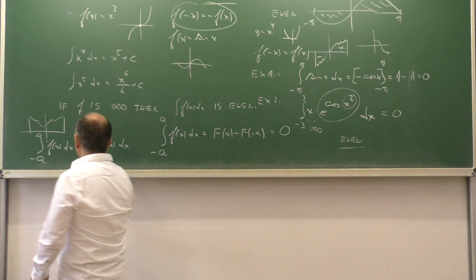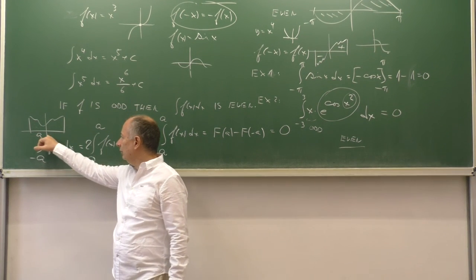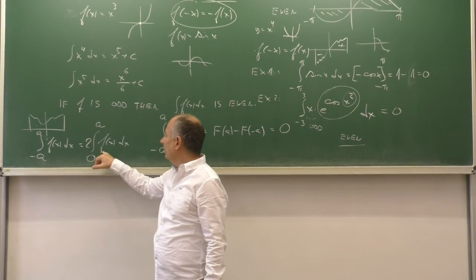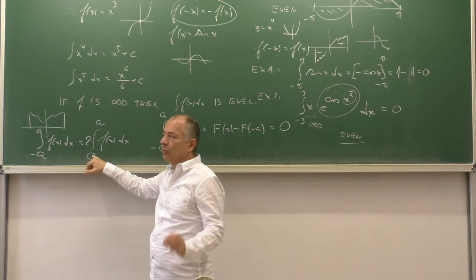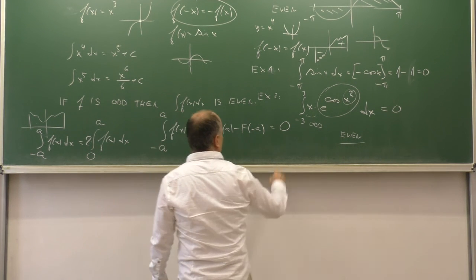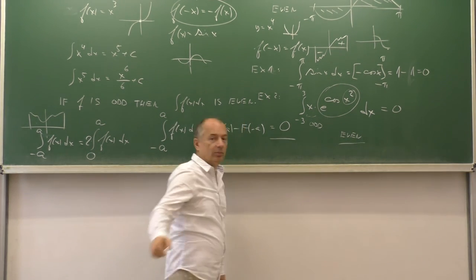So if we integrate an even function over a symmetrical interval, we can integrate from 0 to a and multiply by 2. This is a small help, but it is a help.